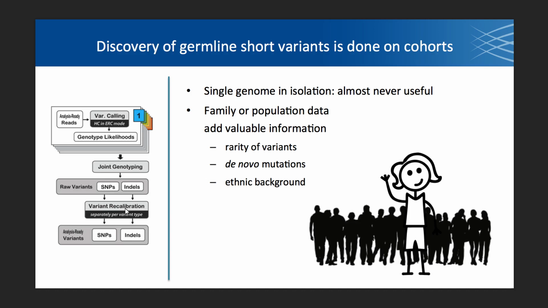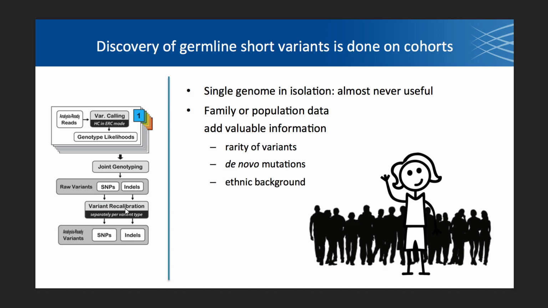Again, like in a rare disease context, if you see a disease that presents in the offspring but not in the parents, you might want to sequence all of them to try and figure out which of those variants is most likely to be causal. So being able to use population data either from a family or from a broader group of unrelated individuals helps you estimate the rarity of your variants, helps you detect de novo variants if you're using related individuals, and helps you account for different ethnic backgrounds.